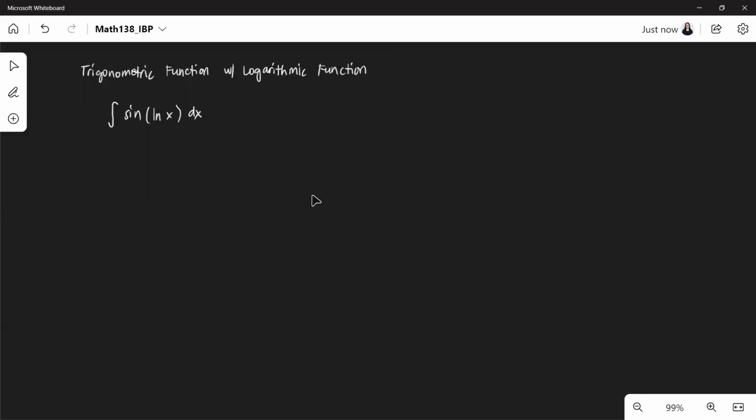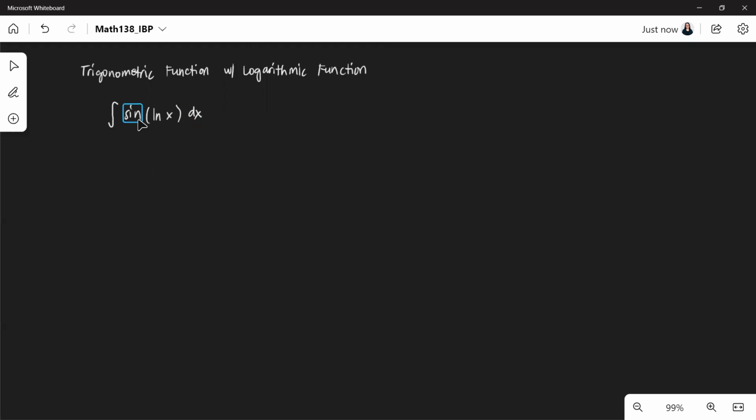So we have the integral of sine of ln of x dx. The main function is trigonometric, and we have a logarithmic function as the angle of the trigo function. We do not have a formula for this.